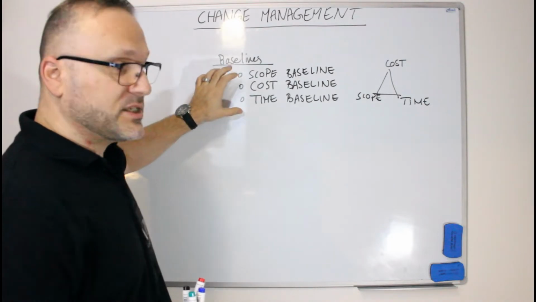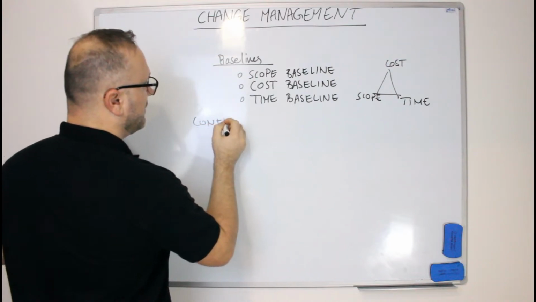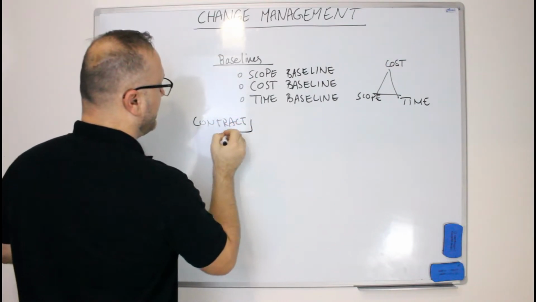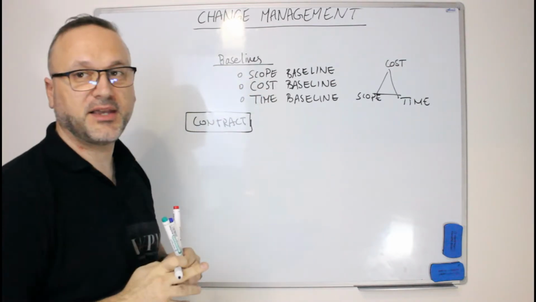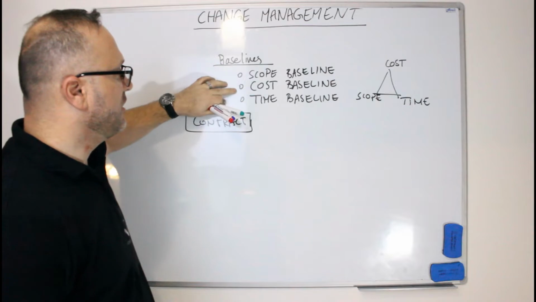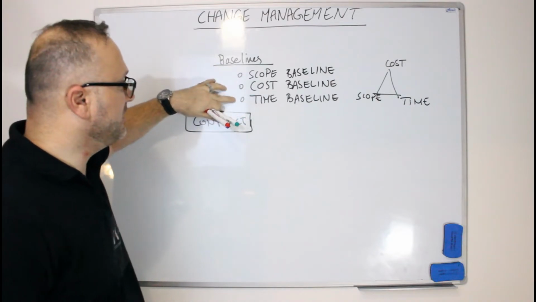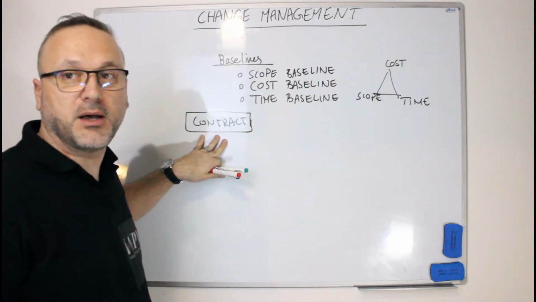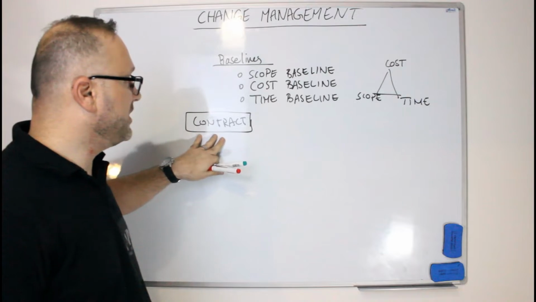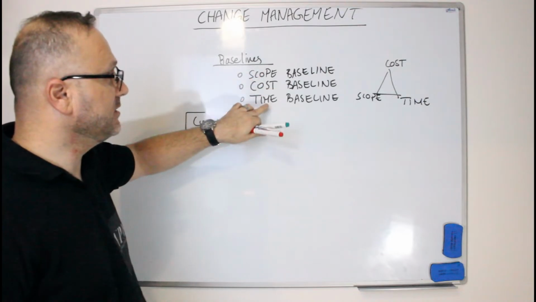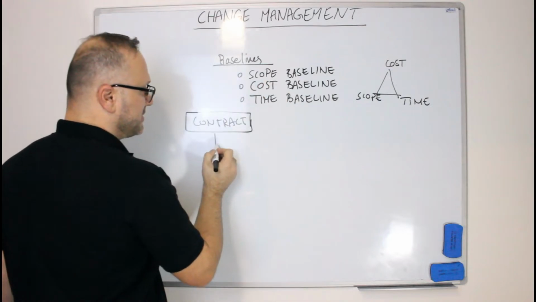Okay, now you as a project manager, you have a contract. In the contract, you have your scope defined, what to do, how much, and when to deliver. You have agreed with your project champion or with your project customer about the deliverables, and you have now your baselines.